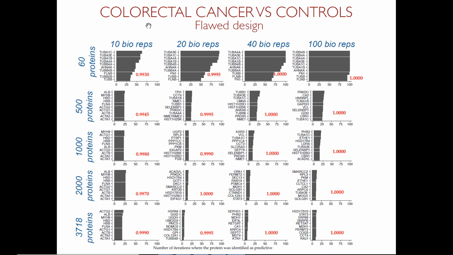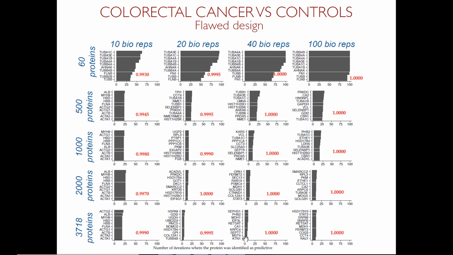In this case it was a DDA study, so it had a much larger protein list, 3,000 proteins, and it had 100 replicates. We tried to do the same thing: rank proteins by their average intensity, change the length of the protein list, and change the number of replicates. If you start increasing the protein list, the number of times the same protein is selected as important is like, I don't know, 10%.